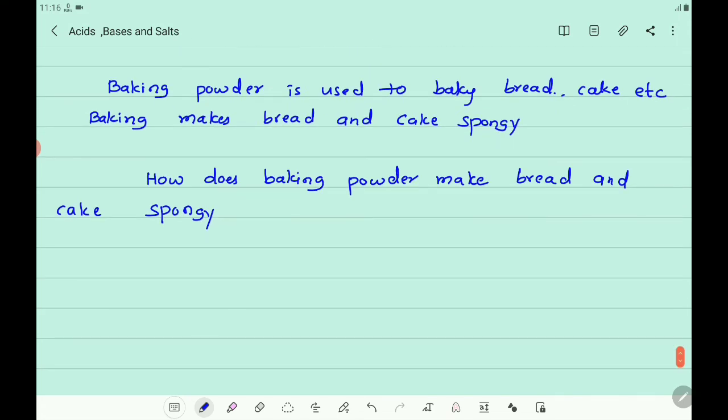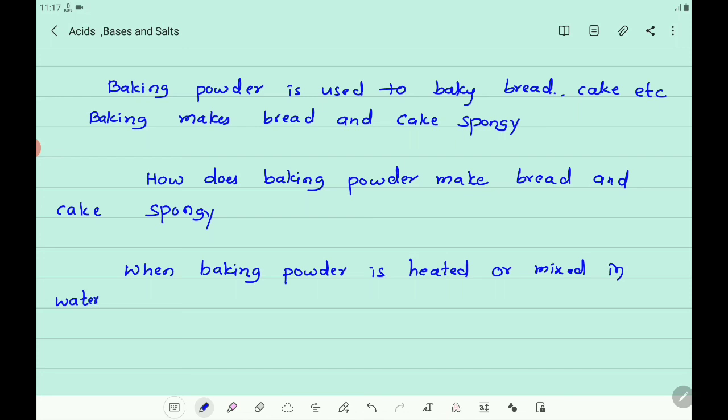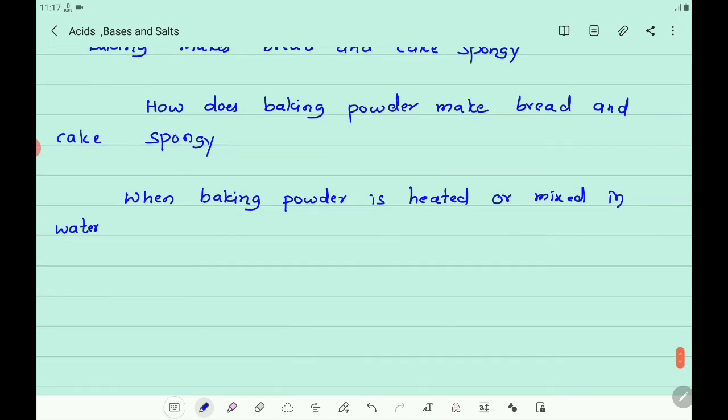So write, when baking powder is heated or mixed in water, the following reaction takes place.